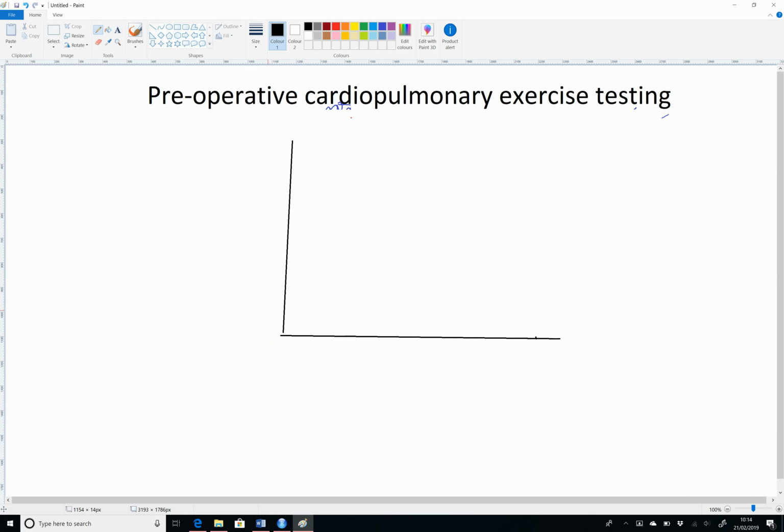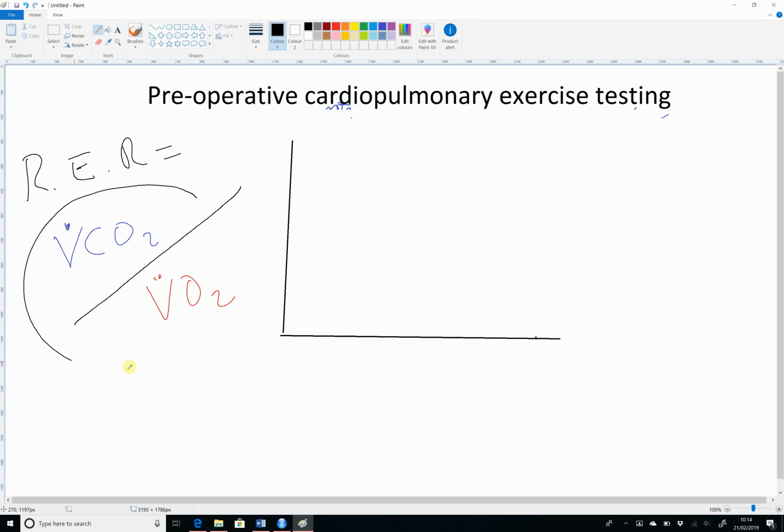If you remember, the respiratory exchange ratio equals the carbon dioxide output divided by the oxygen consumption. And in aerobic conditions, this value is less than 1. So the value of 1 has particular significance on this graph.